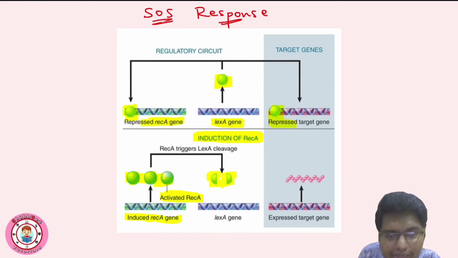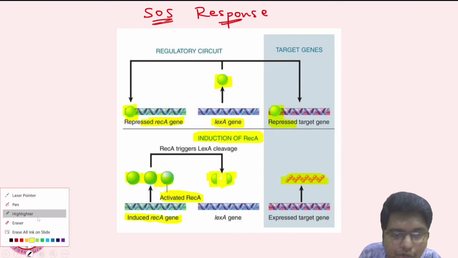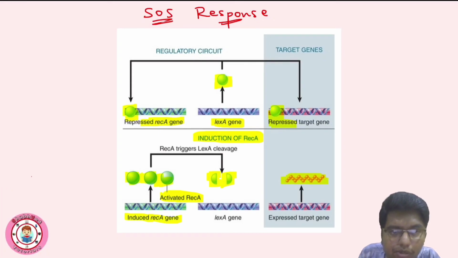So these target genes are activated now, and they will be expressed, or we can say repair pathway proteins will be produced, right? Suppose we say translesion, so all the translesion polymerases will be produced, right? So this is the SOS response, in which we saw two important proteins.